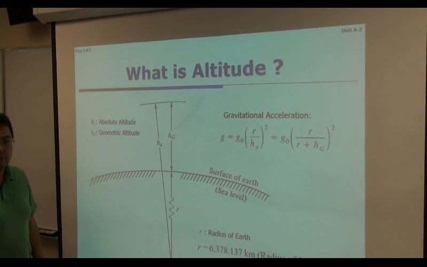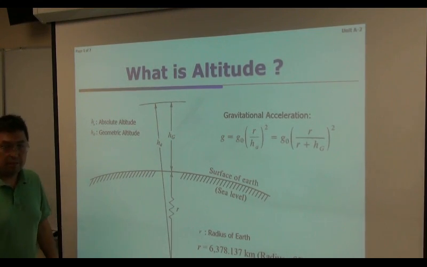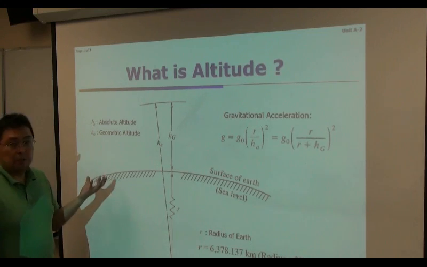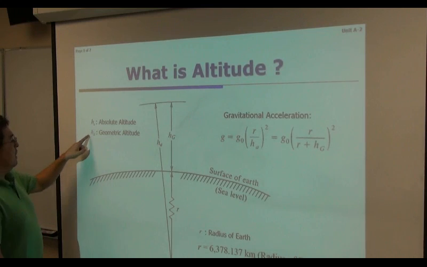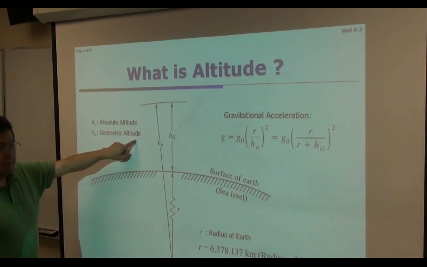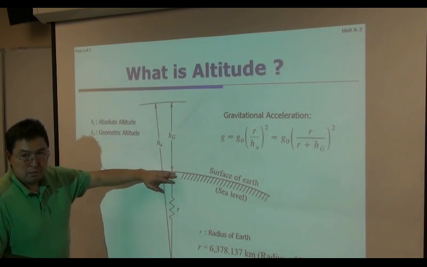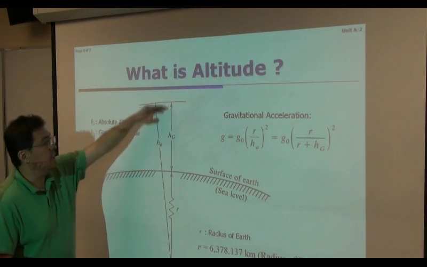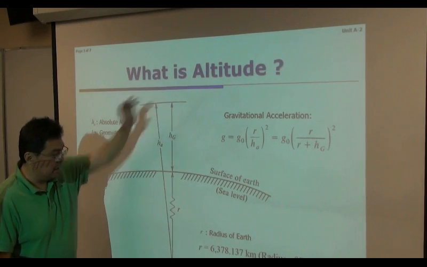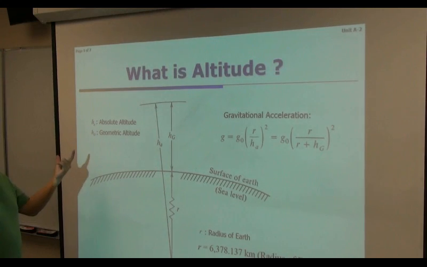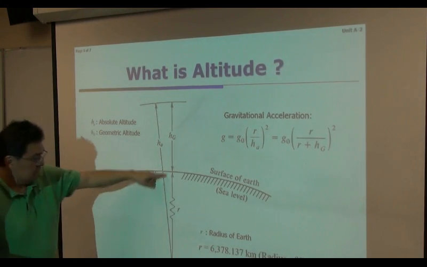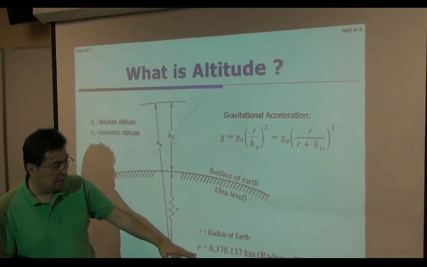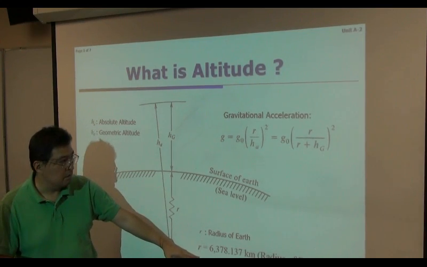So in an aerodynamics context, if someone says altitude 5,000 feet, that usually means that H sub G, geometric altitude, measured from the surface of Earth, usually sea level, is 5,000 feet. Obviously, the difference between H sub A and H sub G is the radius of Earth, which is given here. This is the value of the radius of Earth.